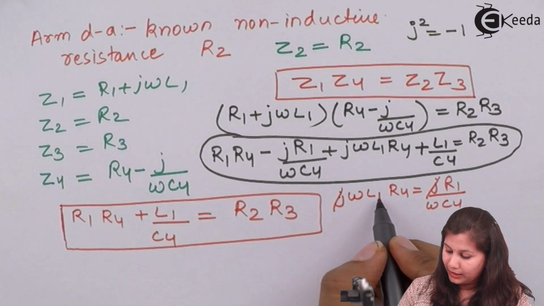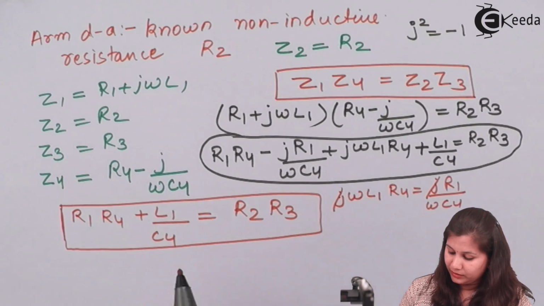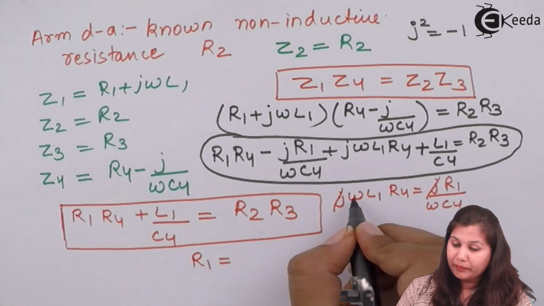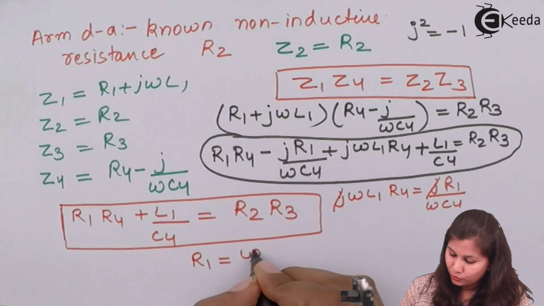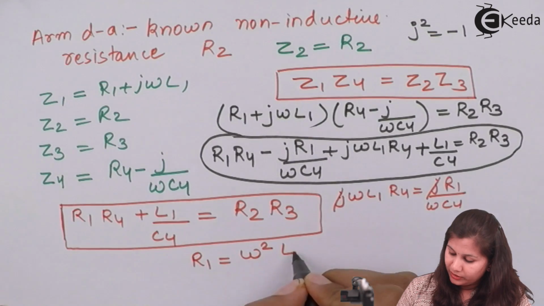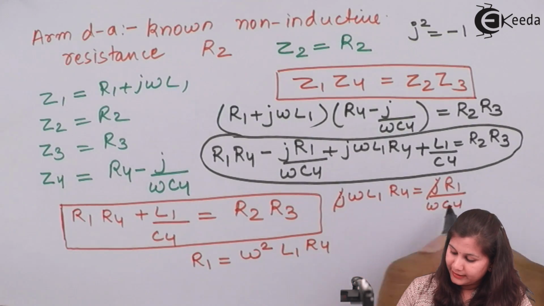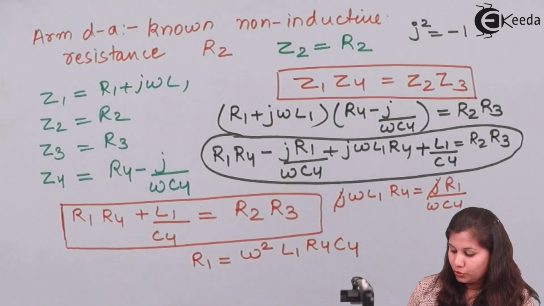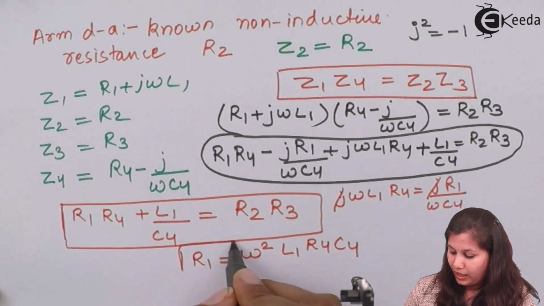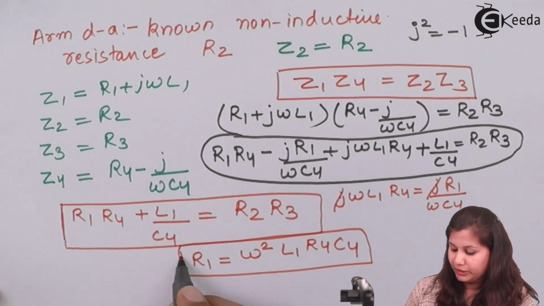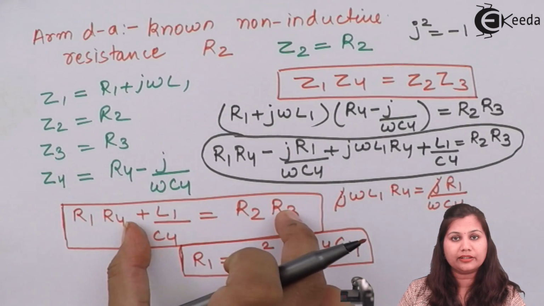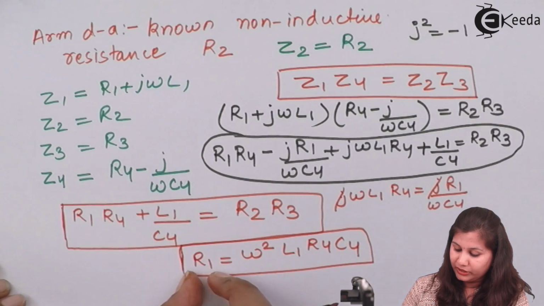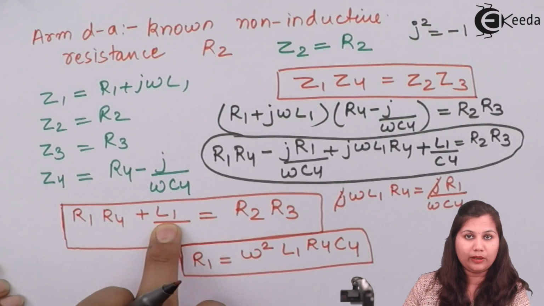If we want to calculate the value of this R1, so R1 will be equal to omega and omega multiplied with each other, so omega square L1 R4 and this C4 is also multiplied with it. Okay. So we are getting the value of R1 from the imaginary part equation and this is the real part equation. Now if we put the value of this R1 in this equation, we can get L1.